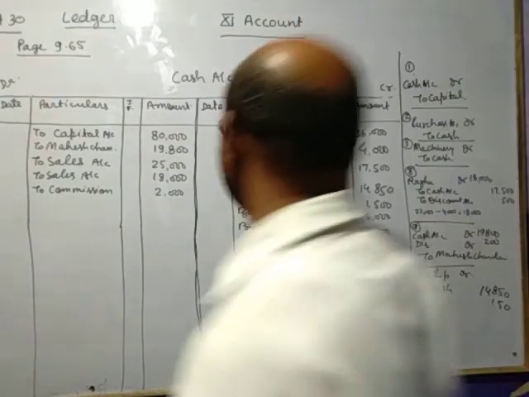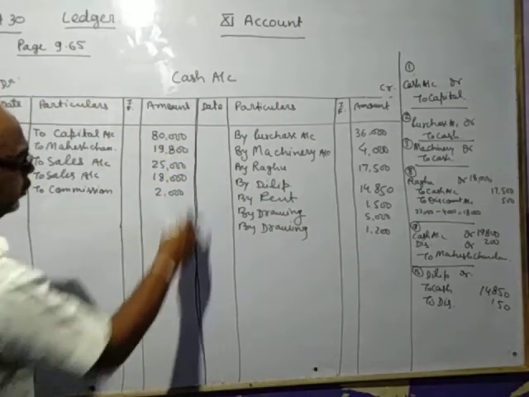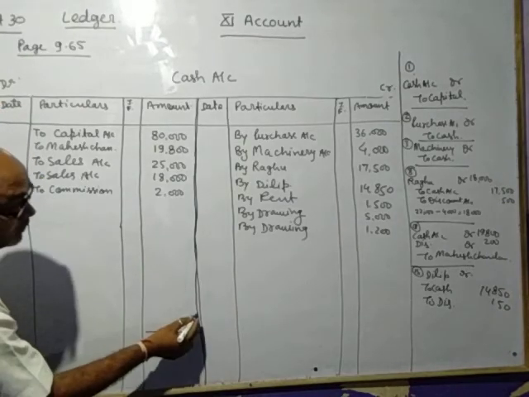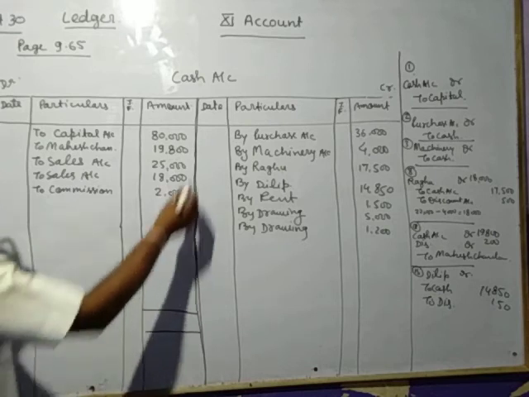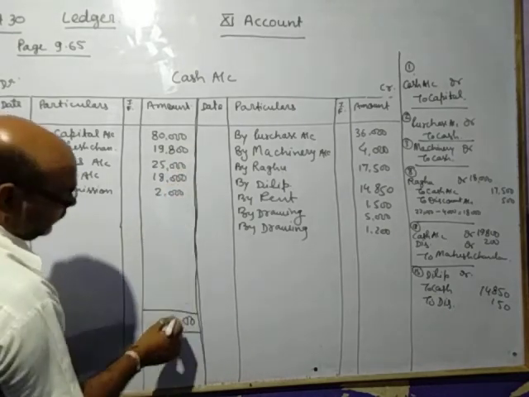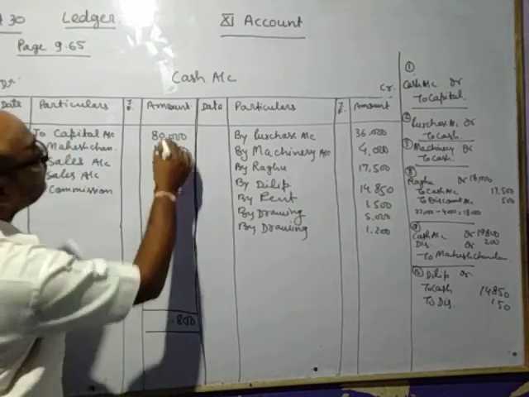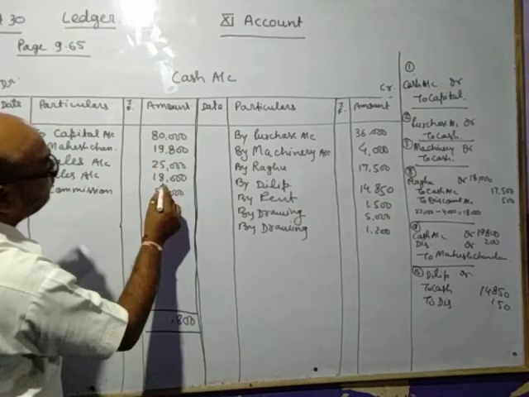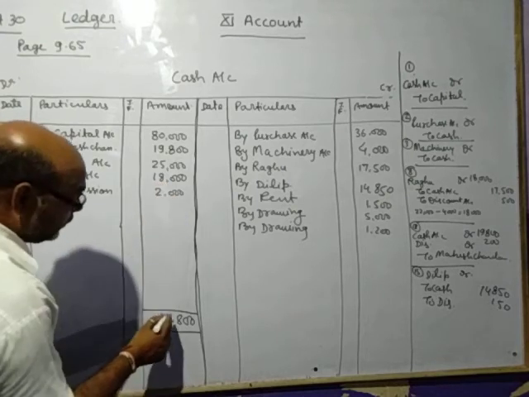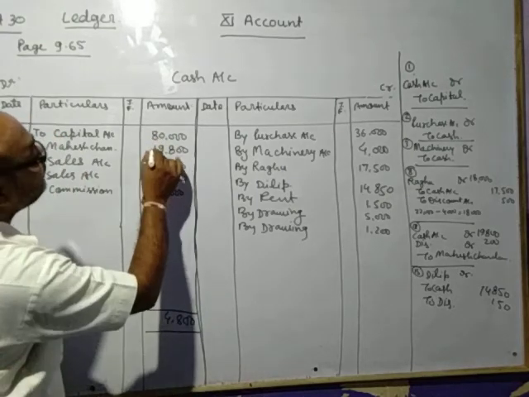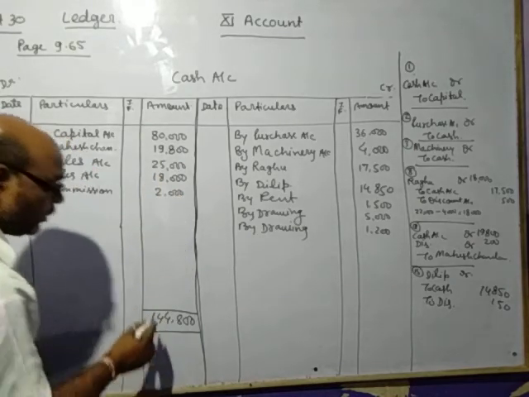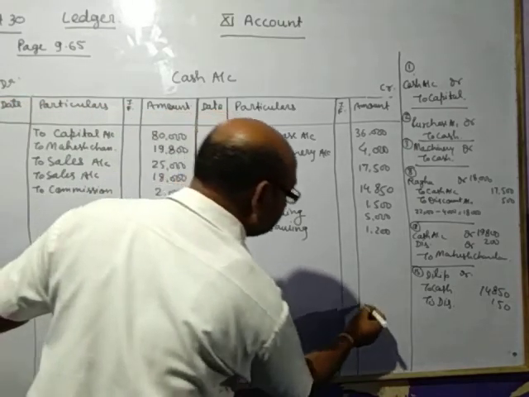So like this, you have made the posting of all the transactions related to cash in the cash account. Then you will make the total of the cash account. Now this is the total, that is 1,44,800.